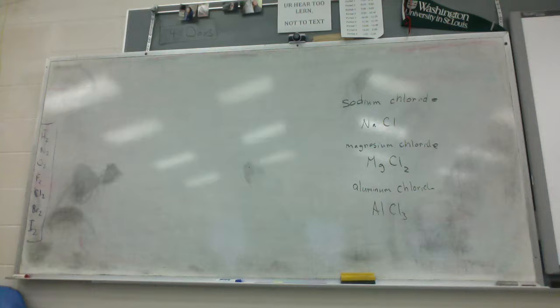All right, and the second rule: the second element, remember it's a non-metal, always has its name changed to ide. Well, hey, we've been doing that anyway. What's the name of the oxygen ion? Oxide. Cl is chloride. N is nitride. So you guys already know that piece.